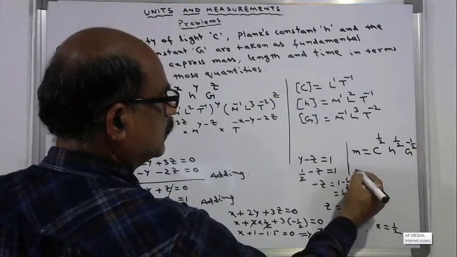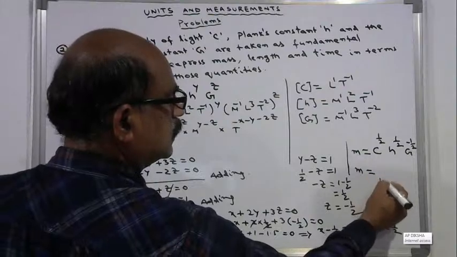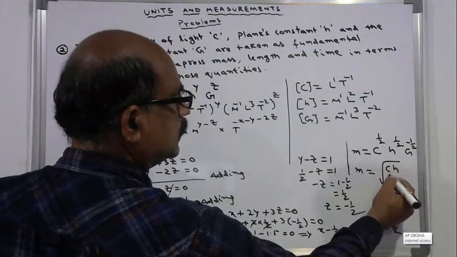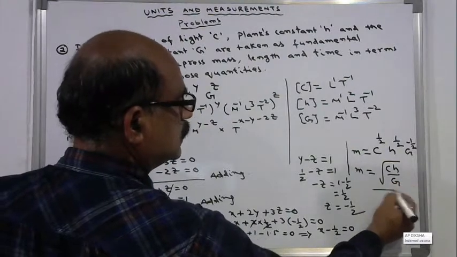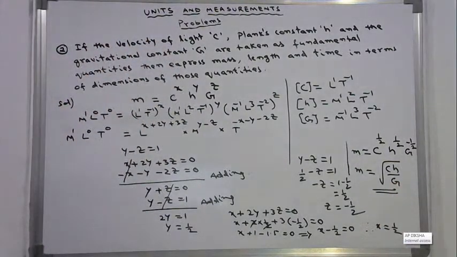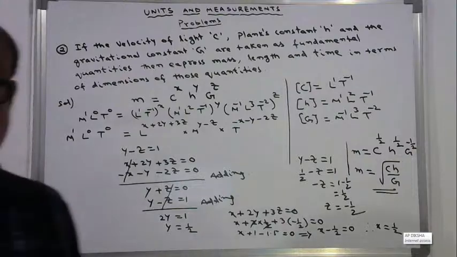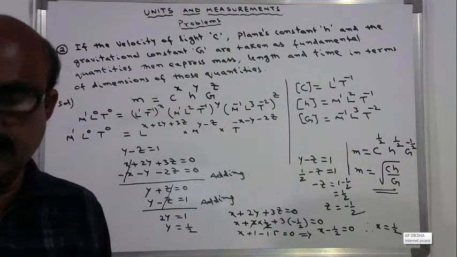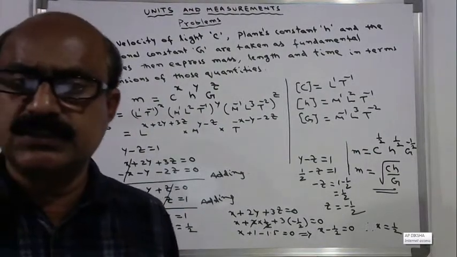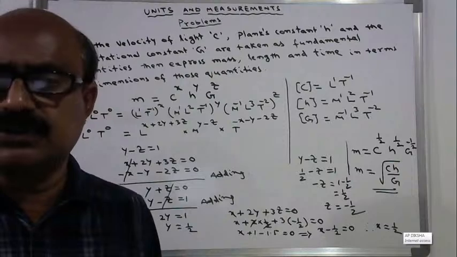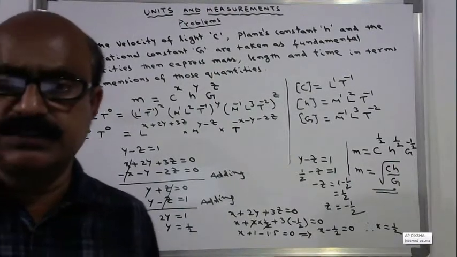So now you can write down mass is equal to under root ch by g. This is the relation for mass in terms of velocity, Planck's constant, and universal gravitational constant. So this is how we can get the relation for mass with velocity of light, Planck's constant h, and gravitational constant g considered as fundamental units.